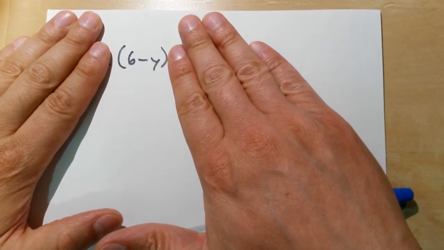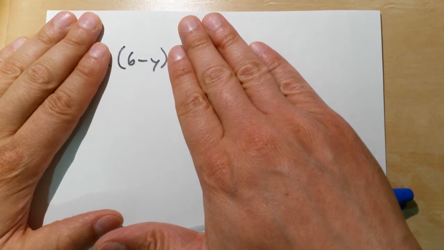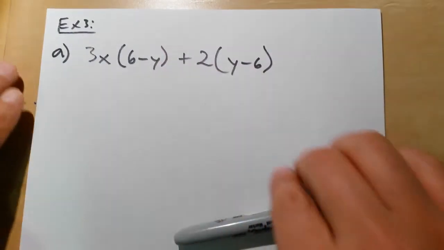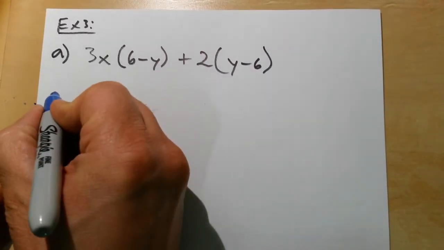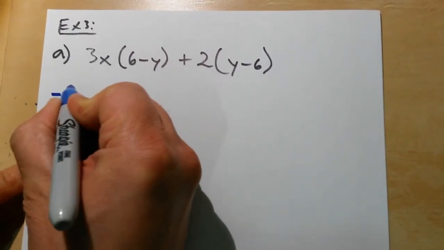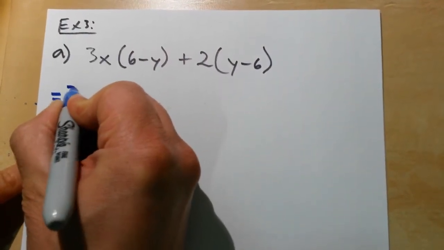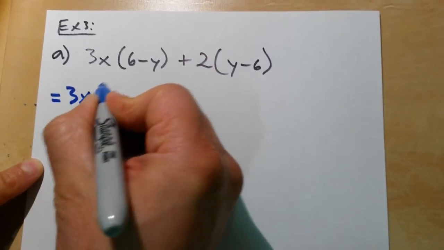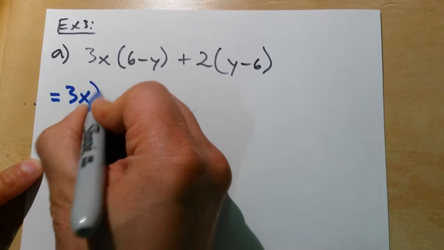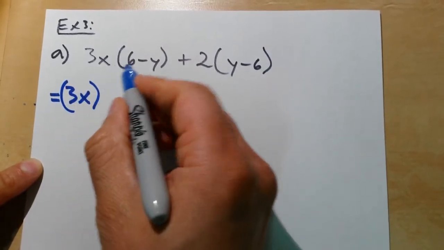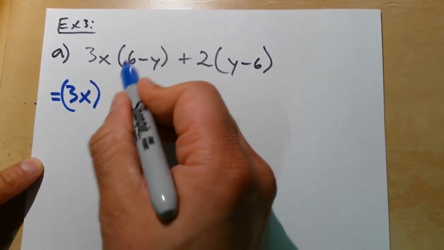Well, we can factor out the negative 1. So let's take a look at this. We already have 3x over here, so let's write that down, 3x, and put it in brackets. Now we can factor out the negative 1 out of this.